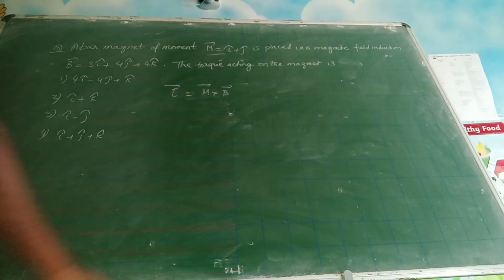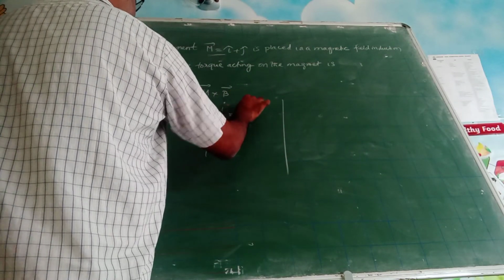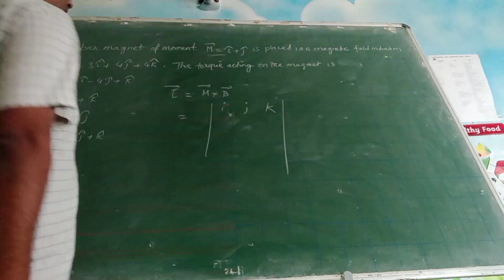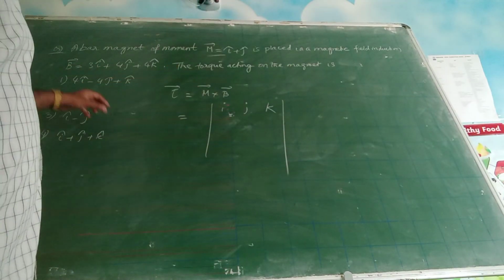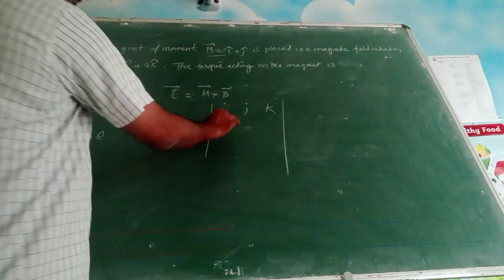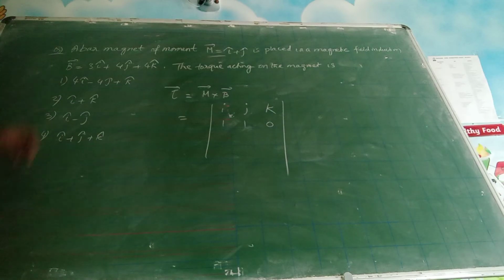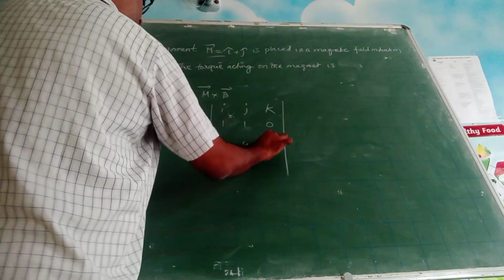So how to do this? Just open the determinant form and start writing from M. For M, you have to write the coefficients of I, J and K. So here it is 1, 1, 0, and for the B it is 3, 4, 4.